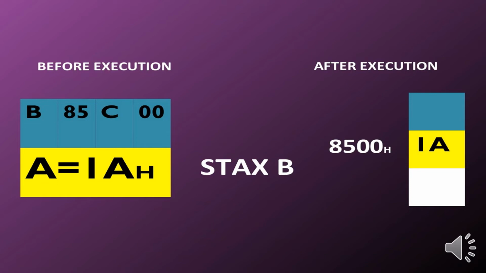Here, say the accumulator content is 1AH. STAX B means the BC pair addresses a location anywhere in memory, for example 8500. After the STAX B instruction, the memory location 8500 pointed to by the BC register is overwritten with the accumulator content. We cannot give the memory location directly, but we can transfer the address into the BC register pair, which points to the location where the data is stored.